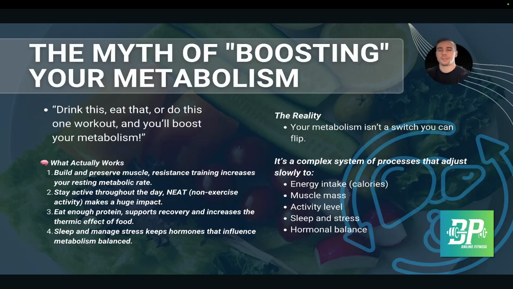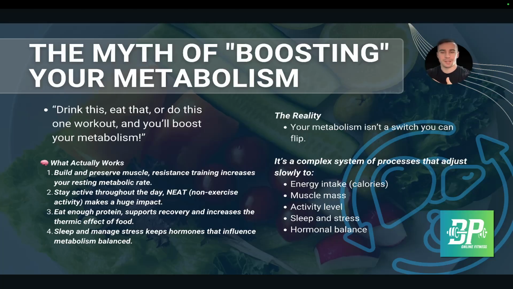Those quality nutrients are going to help support your body's functions. It's not just about getting that maximum amount of calorie intake, but about getting more quality nutrients in your body.